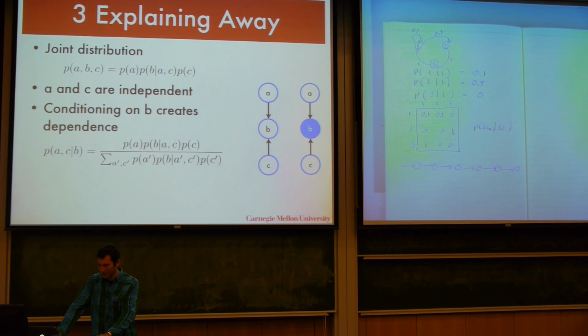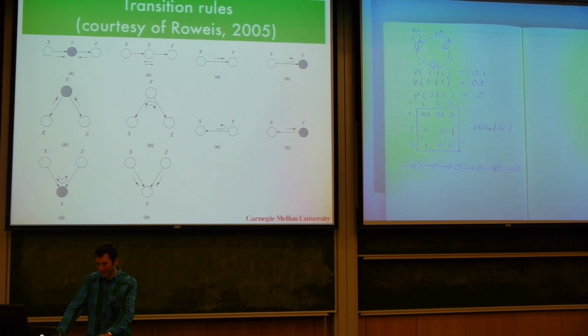Right? So now this is exactly what we have here on the left-hand side. The chain is on top. Observing Y makes X and Z independent. Not observing Y makes them dependent. For the common cause, observing the common cause makes them independent.